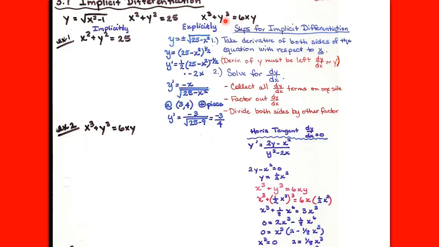All right? So let's go back and take that same equation that we just worked explicitly, and see how we could do it implicitly. In implicit differentiation, I'm going to take the derivative of both sides of the equation with respect to x. What we mean by that is typically when we take the derivative, like dy/dx, we're taking the derivative of y with respect to x, or the derivative of y in terms of x.